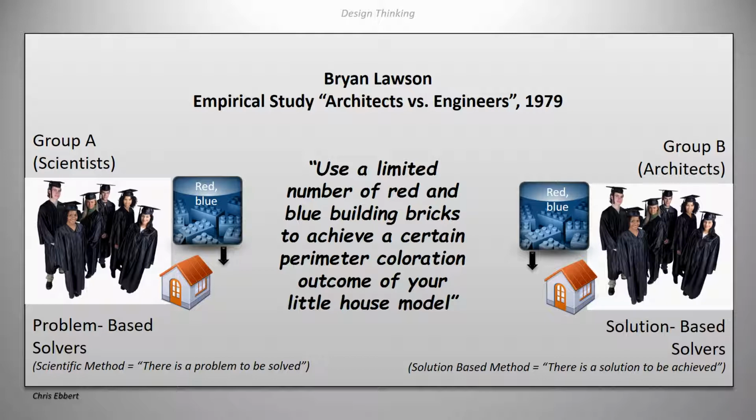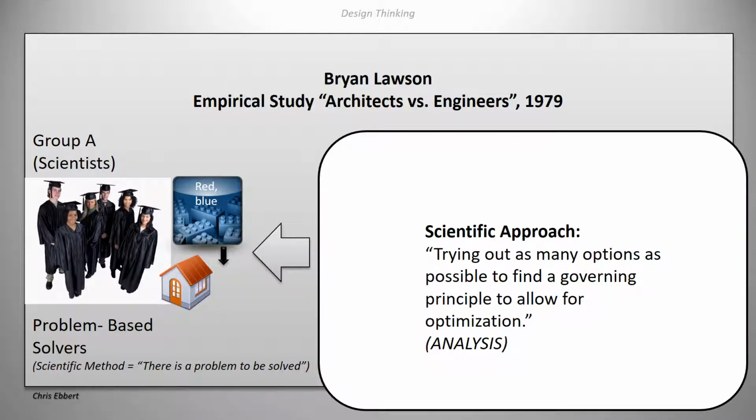These two groups were then given a challenge of, I think they were Legos, building bricks, and they were supposed to build a little house model. They got exactly the same Legos, and they were expected to build pretty much the same kind of house. Now, let's look at the way these two different groups did their stuff.